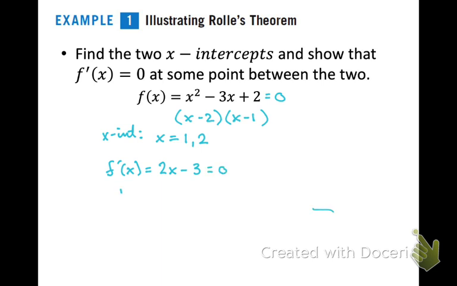So my critical number would be x equals 3/2. There's 3 halves in between 1 and 2. So we just showed Rolle's theorem worked. Questions? No. Okay. Riley, you good? Yeah.